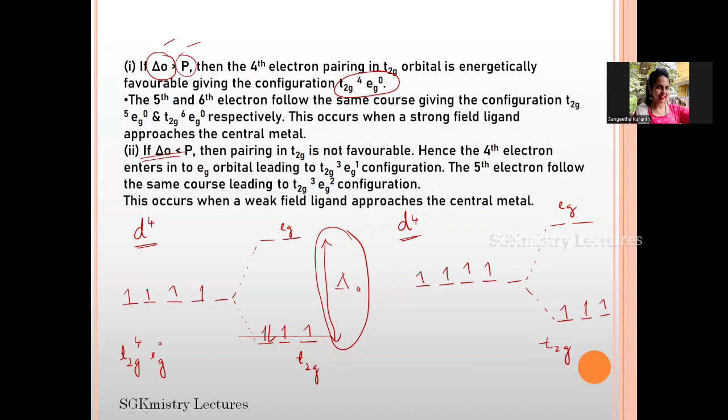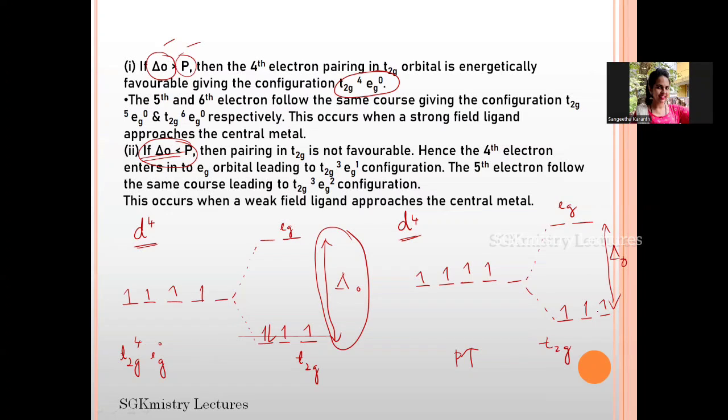Now we are talking about the 4th electron. Here, pairing energy is higher than the delta O. Okay, so here the splitting energy, the gap between this, we are talking about delta O. But the pairing energy is higher here. That means the energy required for pairing of electrons is very high when compared to the gap between the set of orbitals. So of course, now what does the electron do?